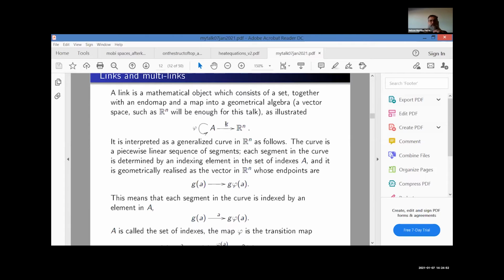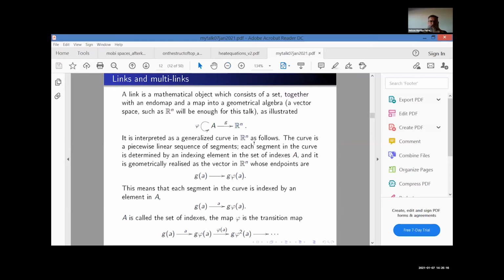And then this map G, making the geometric realization, together with this transition map, allows us to interpret each little a in A as an arrow, going from G of a and ending at G of phi of a. Moreover, if we continuously apply the transition map, we can take the full orbit of an element and arrive at its connected component by computing all its orbit.